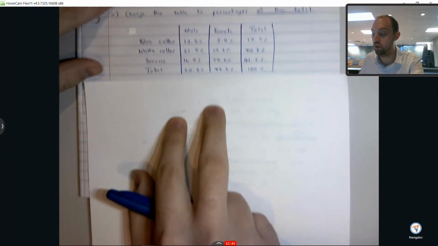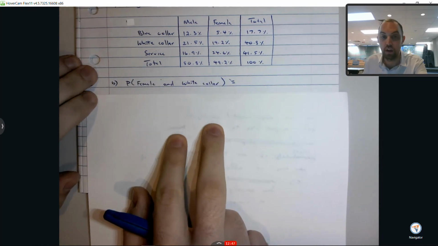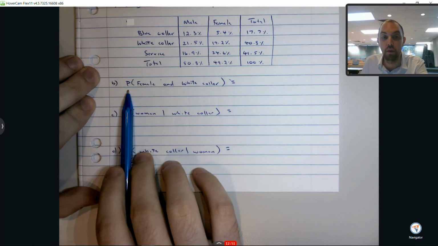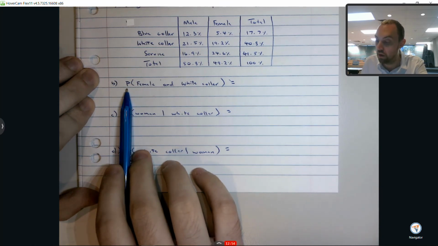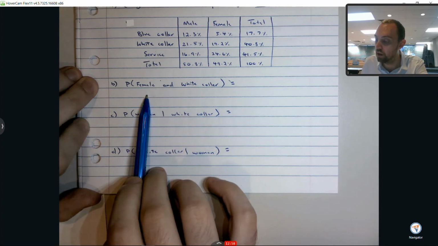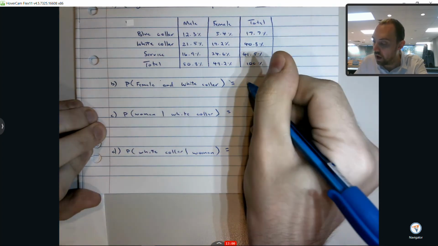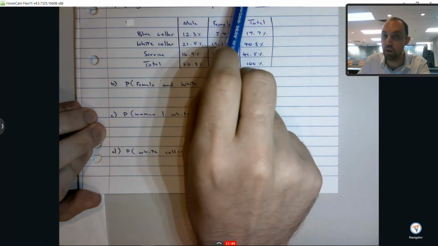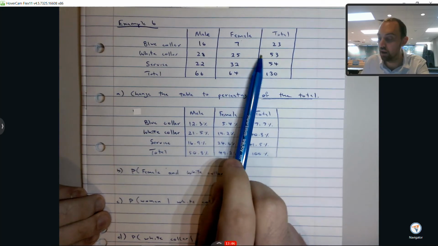Now, depending what total we're looking at, it's going to change our questions here. We're looking at the probability of being female and a white-collar worker. So we could look at this from our percentage two-way table, or we could look at this from the table that we had above here.